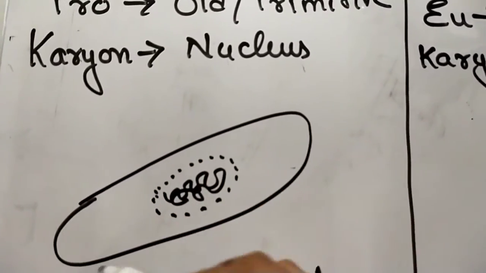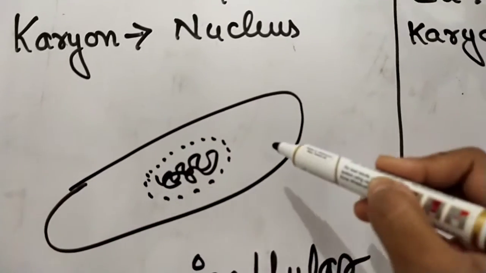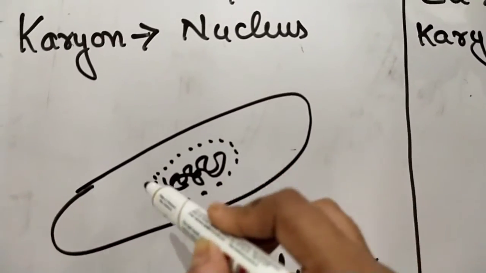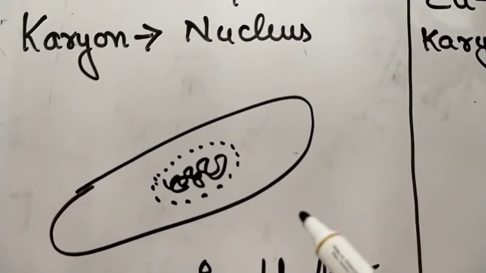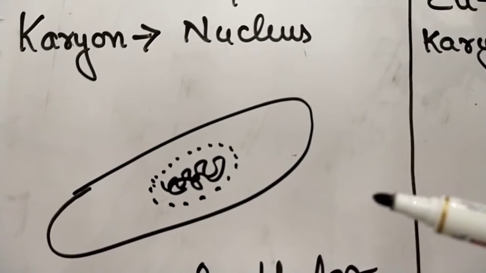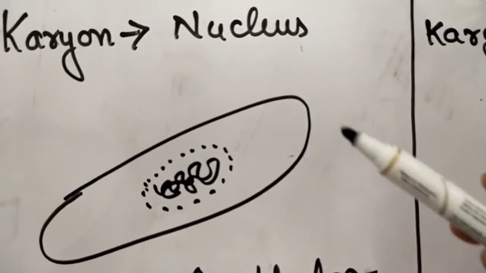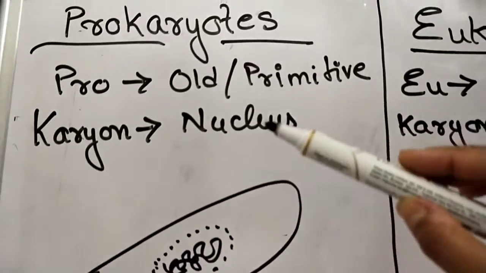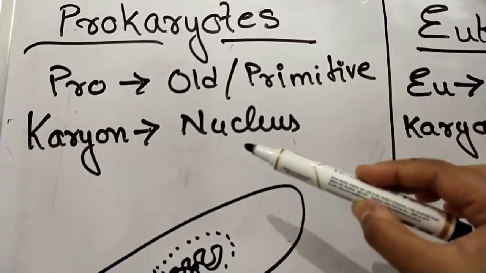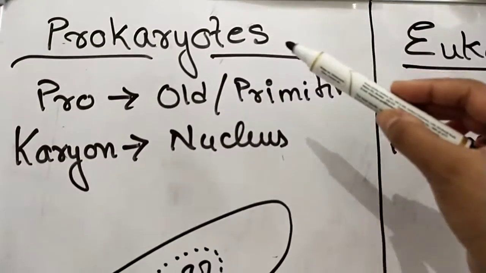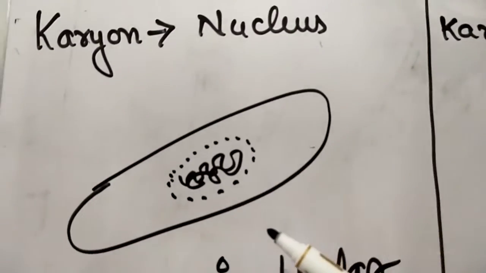So such type of cells or organisms where the nuclear membrane is not properly defined, is not properly present, such organisms are old or primitive type. So they are called prokaryotes. An example is bacteria.